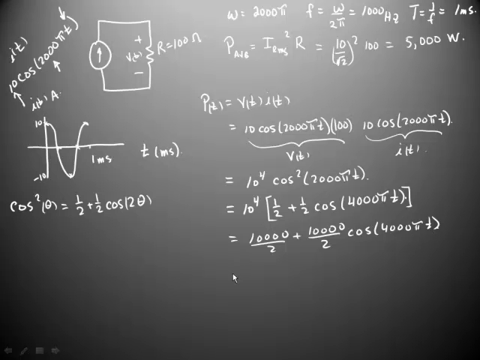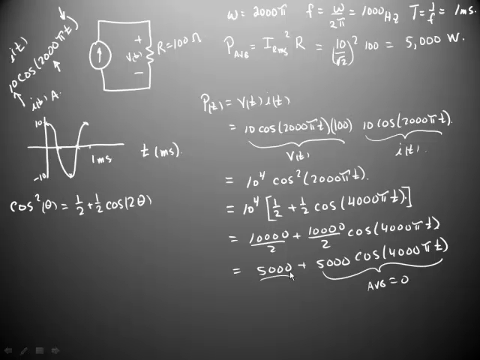So here's our 5 kilowatts average value again. 5,000 plus 5,000 times the cosine of 4000 pi t. The average value of this term is 0, and all we'll have left is the constant term out front.